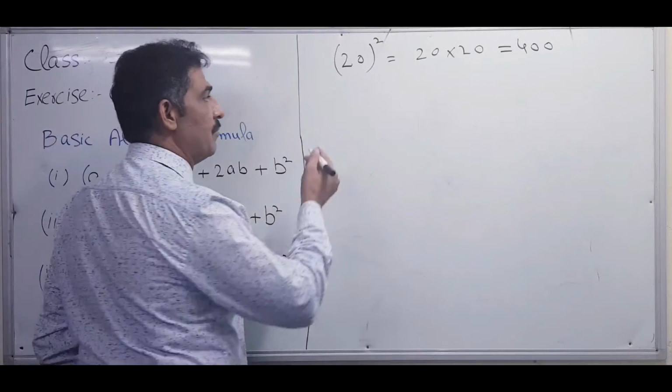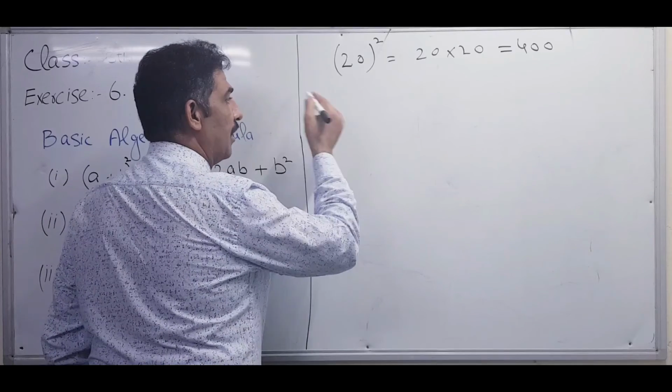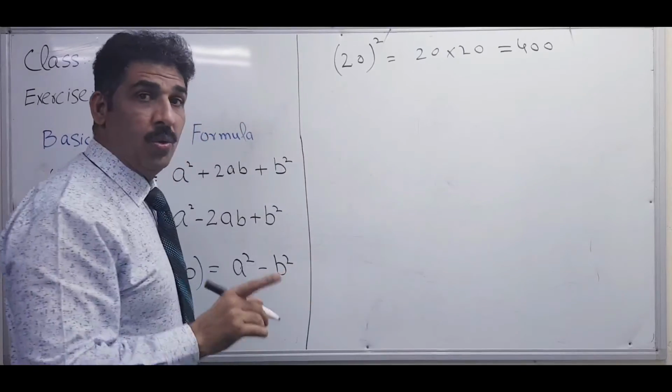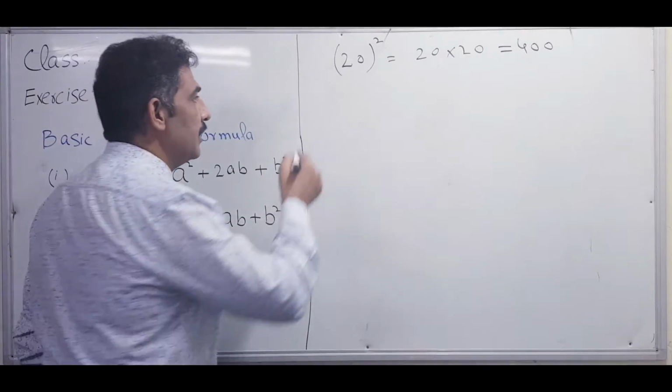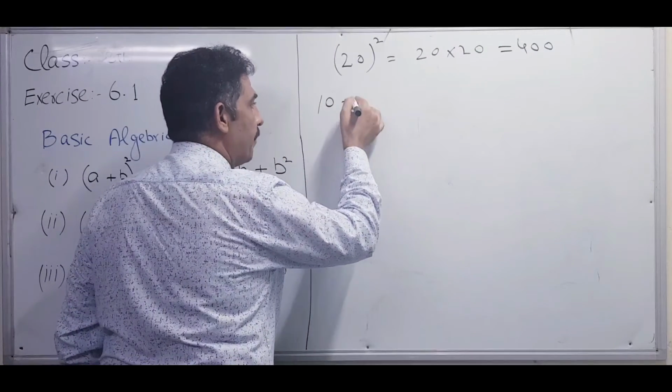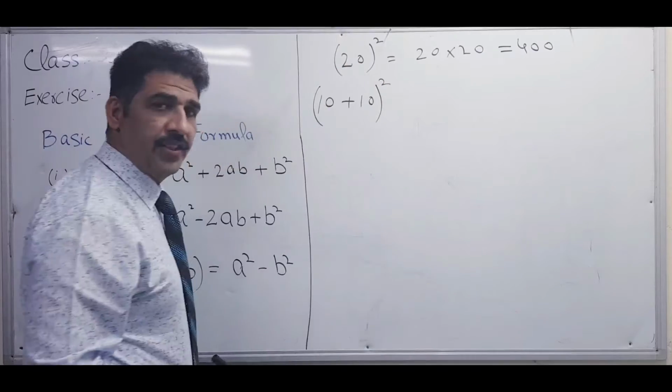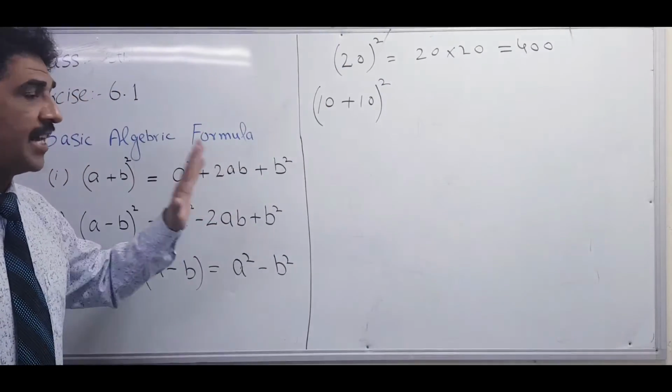So what are the two numbers? For example, we consider two numbers whose sum is equal to 20. To explain, 10 plus 10, I am taking like that.